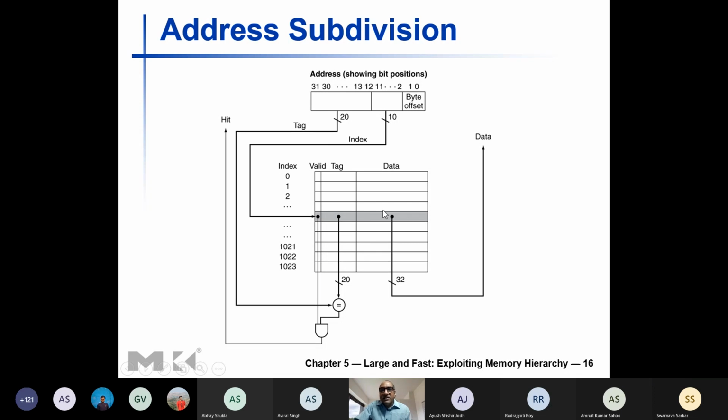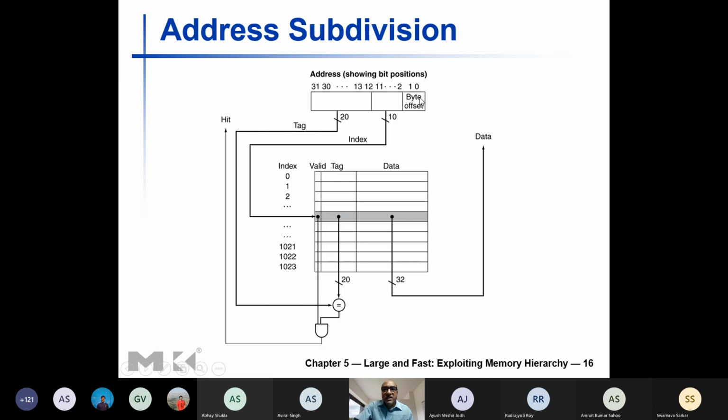In this terminology, between the cache and main memory the data unit is treated as a block. A block may contain one word or multiple words. In this context, a block contains one word, because the 32 bits are divided into 3 groups.